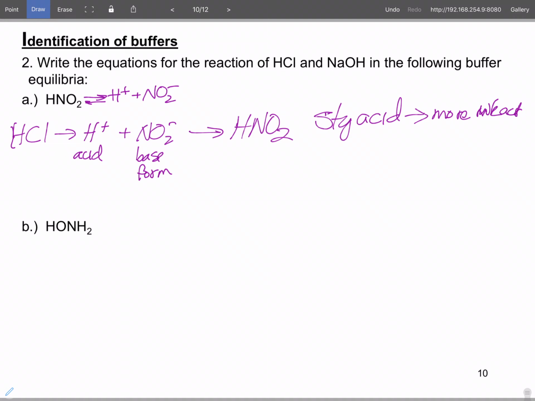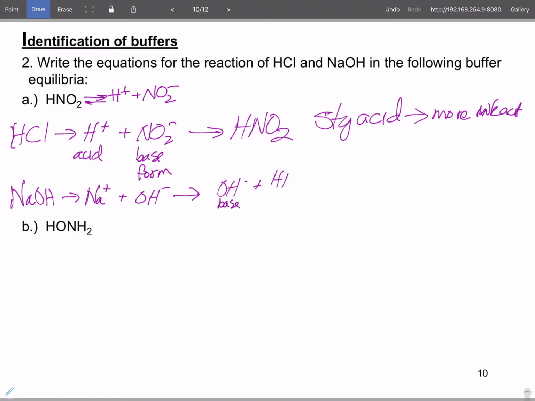Okay, flip side of it is, if we add sodium hydroxide, it's going to dissociate into sodium ion plus the hydroxide. Okay, so that means that the hydroxide is going to react with the acid, because this is the base form.